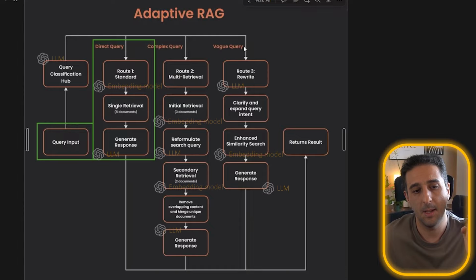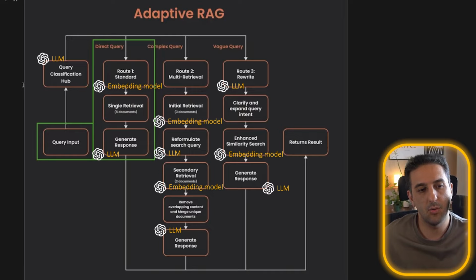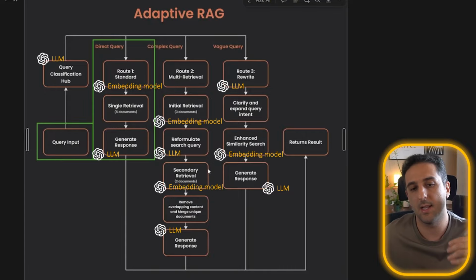So as you can see, multiple large language models are involved in this system. In the fastest scenario, there are two large language models, one for classifying our query and one for generating the response. But as the query gets more complex, there are more LLMs involved. We have an LLM for reformulating the search query, and depending on how many loops you want to go through to get to the final answer, the LLM calls will increase.